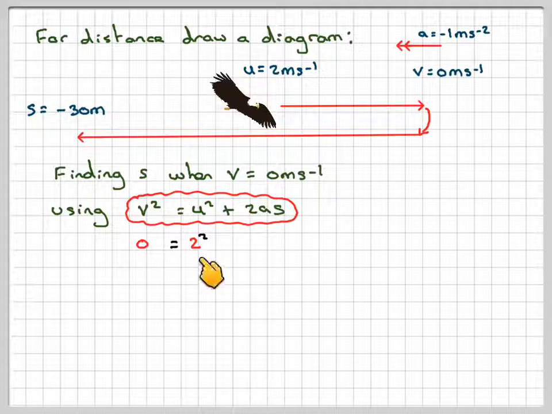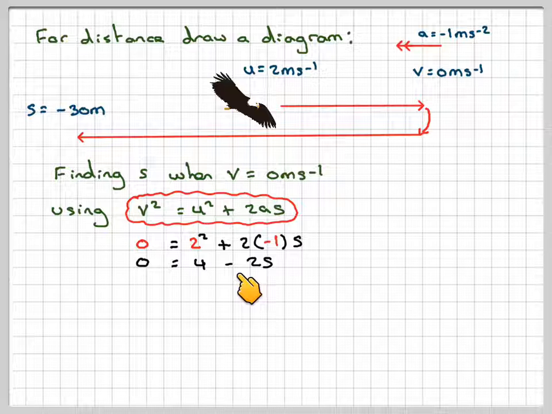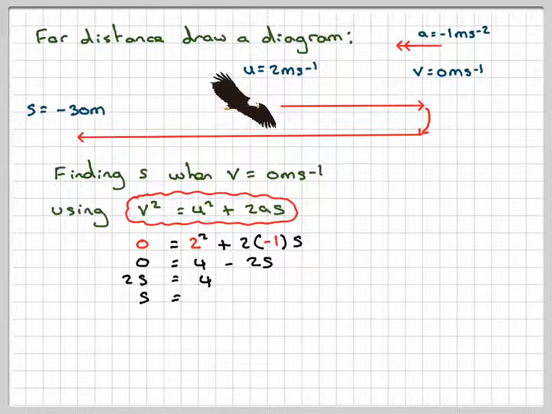So we've got 0 is equal to the initial velocity squared, that's 2 squared, plus 2 times -1 times s, which is equal to 4 minus 2s, which means that 2s is equal to 4, therefore s is equal to 2 meters. So this is 2 meters. This is 2 meters.